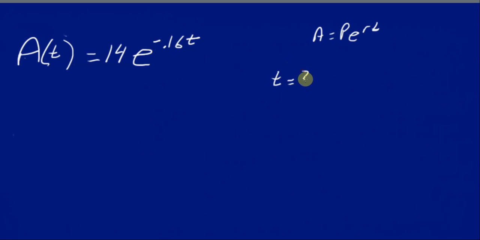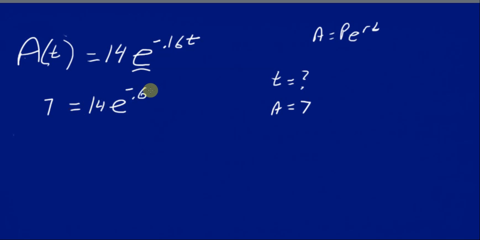So we don't know it. It asks how long. e is a constant, that's 2.718. So they asked me, how long is it going to take for the pollutant to reach 7 parts per million? So it's only 2 unknowns here, so I'm just going to substitute that in.